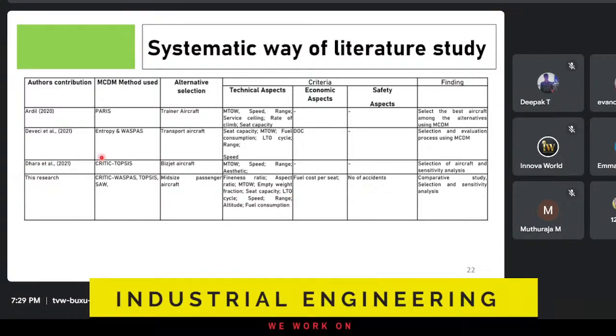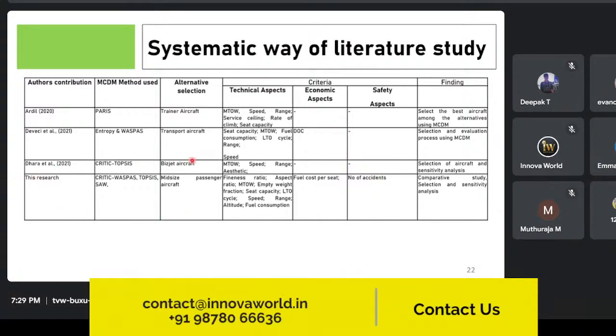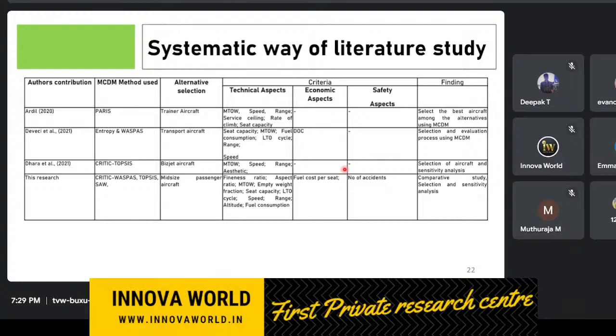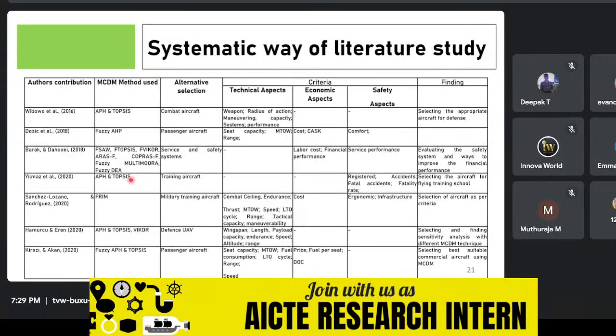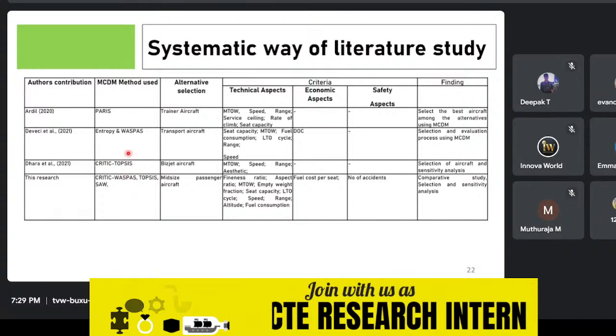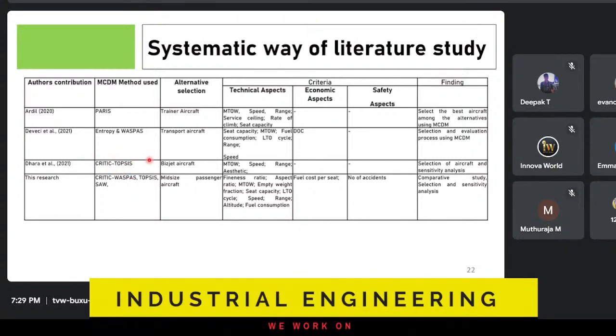So this kind of study will give you a clear picture of your parametric study. This is also known as a systematic way of literature study, where you can understand how these authors have worked on different methods. See, here my method is again a different one. Based on my study, the previous research worked on CRITIC-TOPSIS, but here I am working on CRITIC-WASPAS.